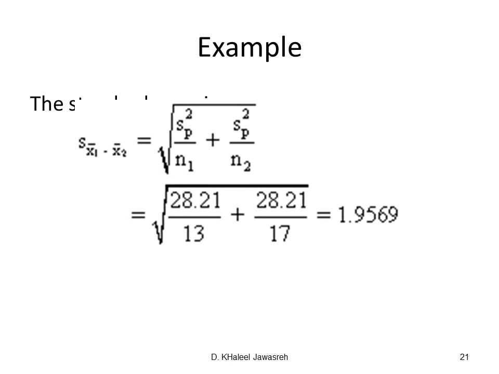Applying the equation, we have the pooled estimate of the variances, 28.21, divided by 13 plus 28.21 divided by 17, take the square root, and it will be 1.9569.